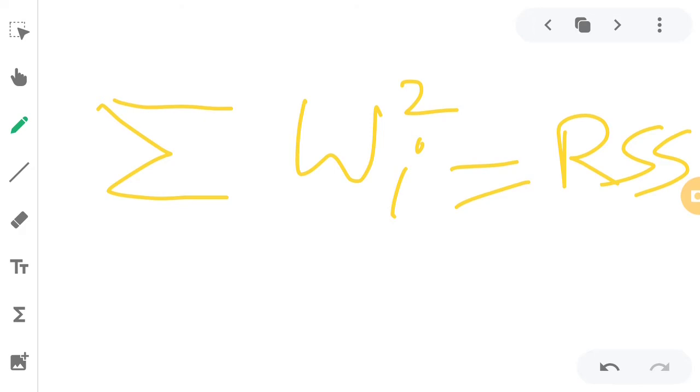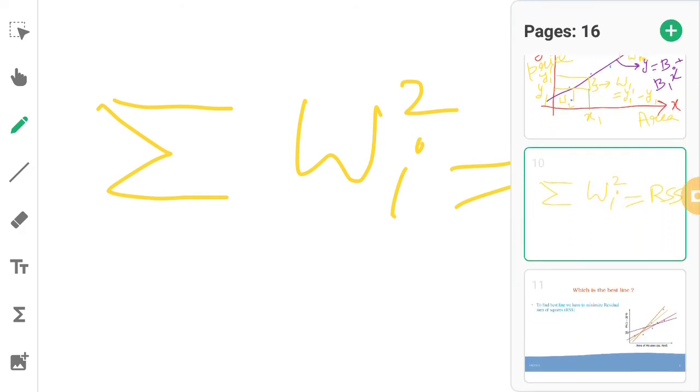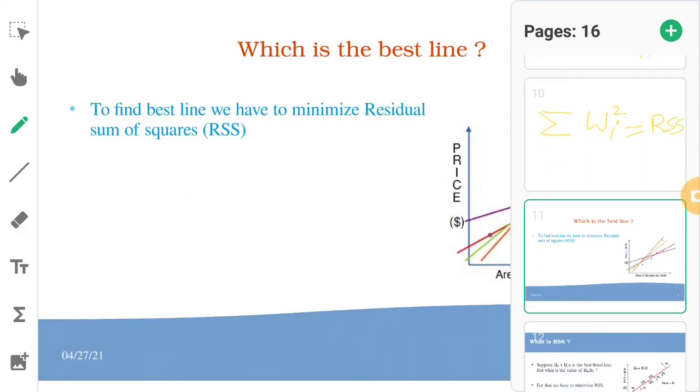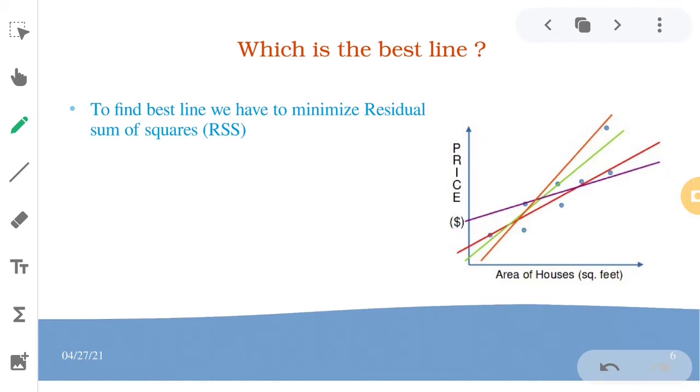So we find for which b0 and b1 the value of RSS is minimum; that is the best fitted line. To find the best fitted line, we have to minimize RSS.